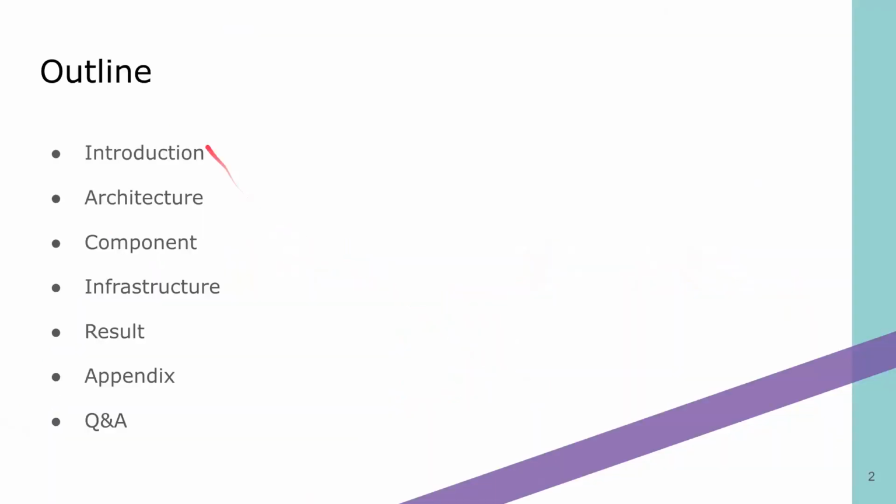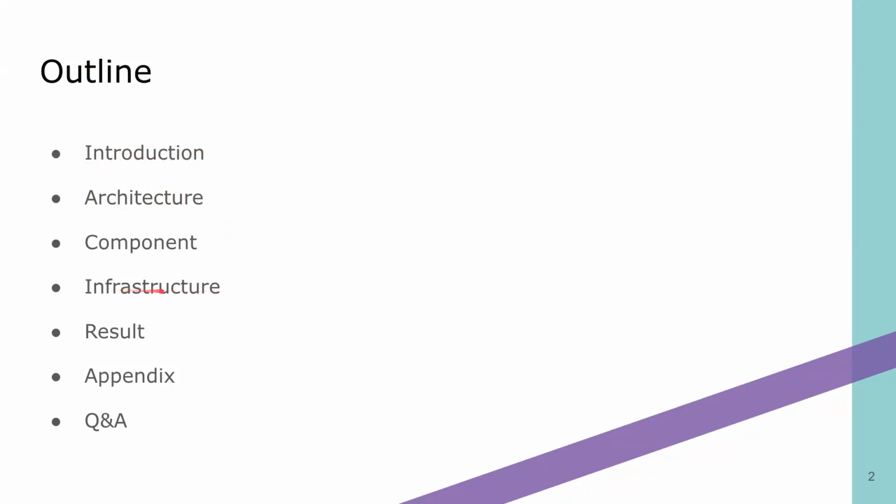Okay, so this is today's outline. First, I will briefly introduce the Near-RT RIC. Then I will show the architecture the OSC implements. Then I will show each component in the Near-RT RIC platform, and I will briefly introduce them.